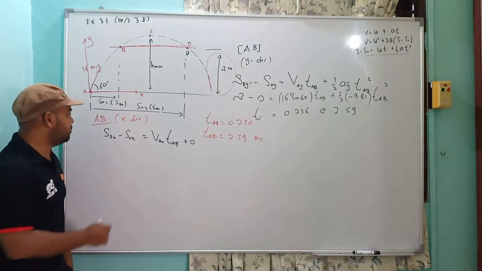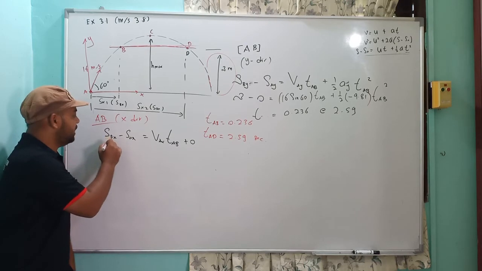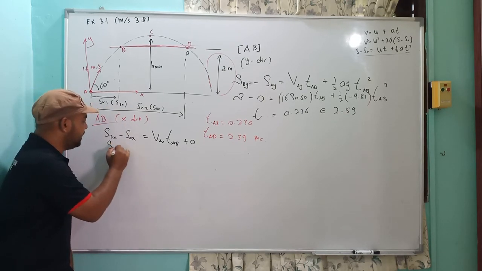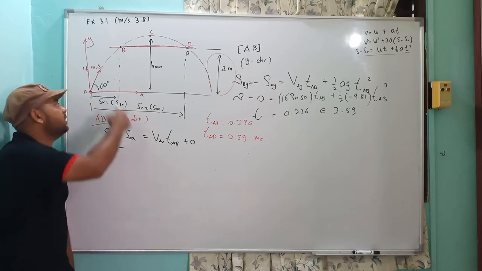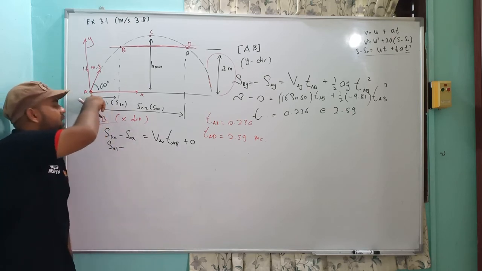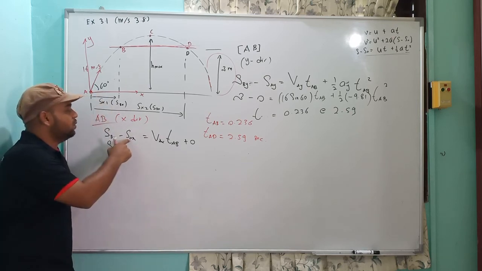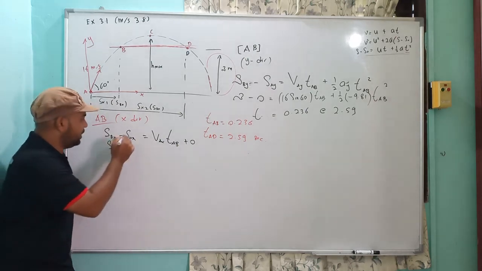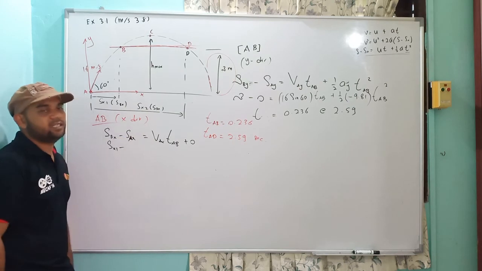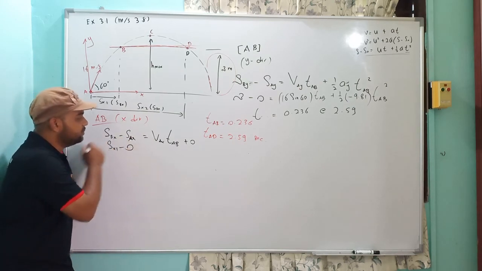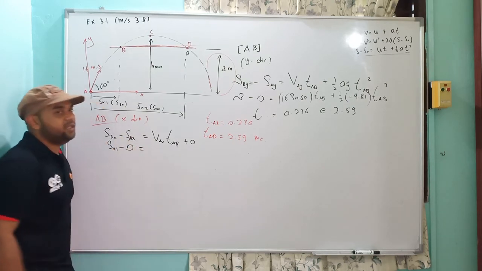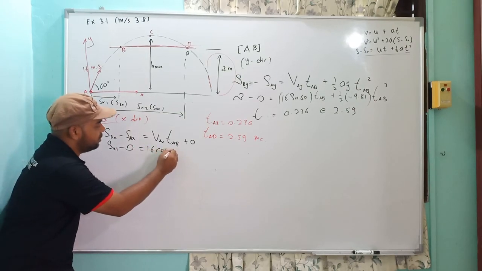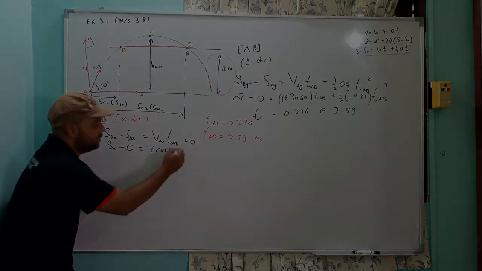Okay, so replace this one. You have Sb is the one that you want to find, which is Sx1 minus Sox. It is reference point. We are taking Sox, which is Sax, initial point, Sa is 0, equal to Va in the x direction, so you have 16 cos 60 tAB.